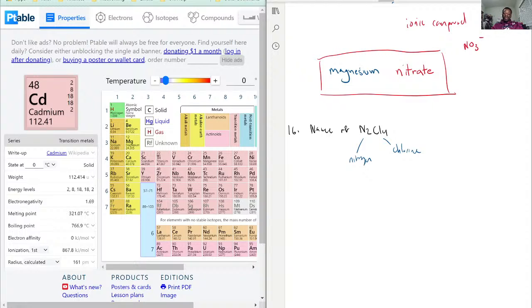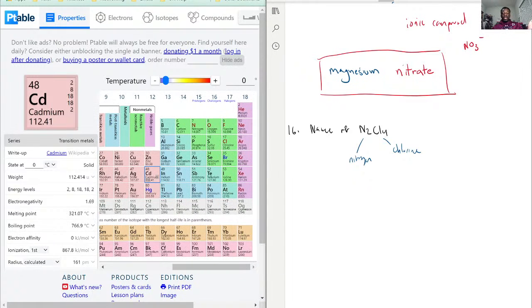The first step we have to do, just to determine the bonds, is say what type of molecule this is, ionic versus molecular. We have nitrogen and chlorine, both of which are non-metals, okay? So there's no metals present. Because of that, we can say this is a molecular compound, okay? Well, I think the better name is covalent.